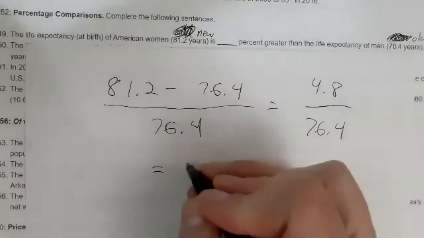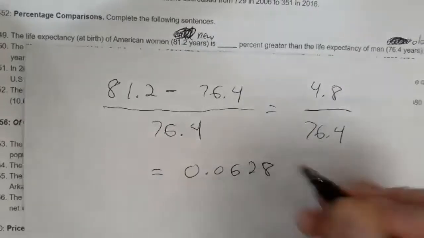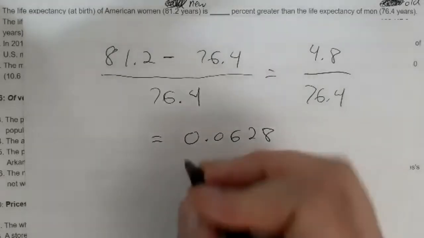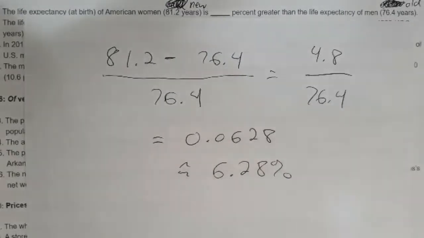So definitely, hopefully, you've got some sort of calculator you can do this with. I'm getting like 0.0628. 6.28. Yeah, and so this is about 6.28%. And so the life expectancy of American women is about 6.28% greater than the life expectancy of men.